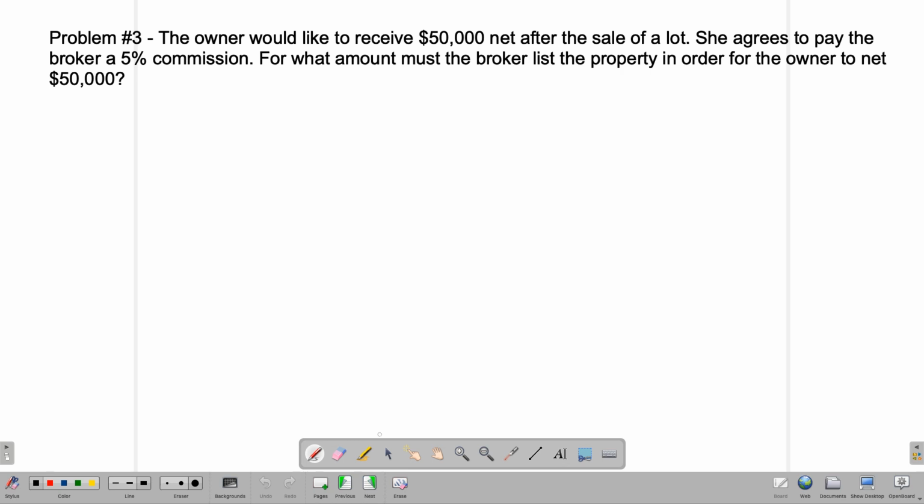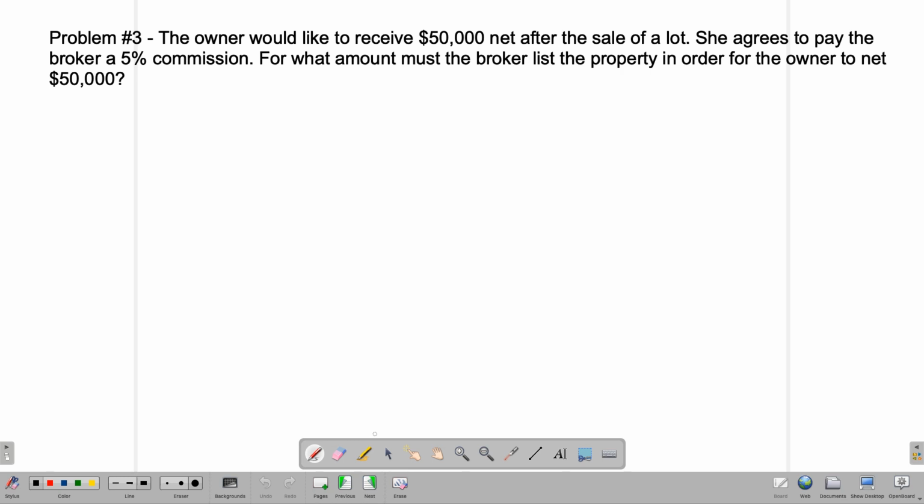She knows right in advance that she's going to need the help of a salesperson. They're going to pay the salesperson a 5% commission, but the salesperson has to list it for a certain amount in order to receive its 5% commission, and also for the owner to walk away with $50,000.